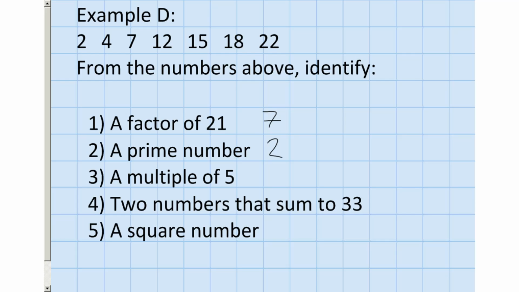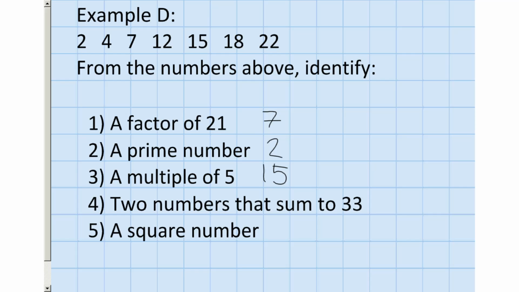A multiple of 5. So that means we want something that's in the 5 times table. And we can see from that the only one that's going to be is 15. That's 3 times 5. Now, 2 numbers that sum to 33. Sum means that they add together to give 33. Well, it's not going to be 22 and anything. We'd need 11. We haven't got 11.